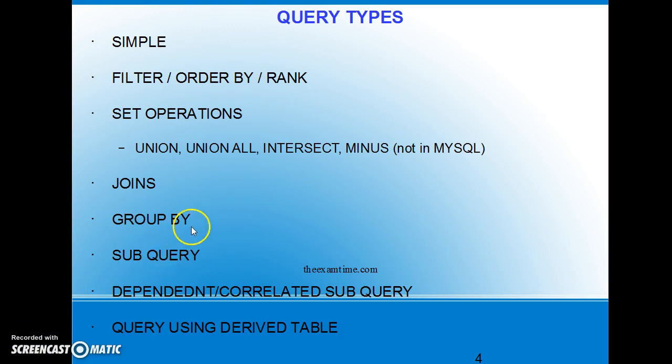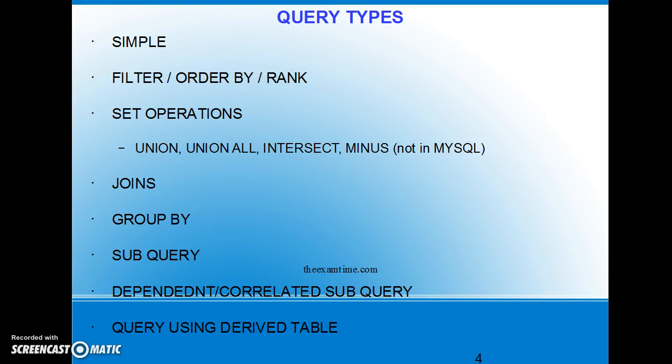You want to group by certain columns and do aggregate functions on some of the other columns. For example, you want to group by a column such as the employee job location, and you want to sum up the salary, so that you can know for every location how much salary we are paying.